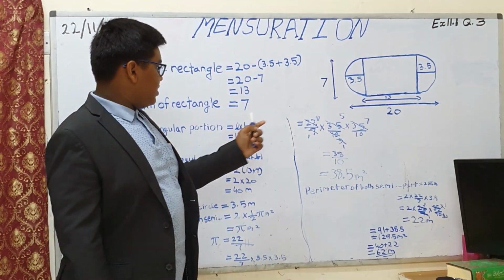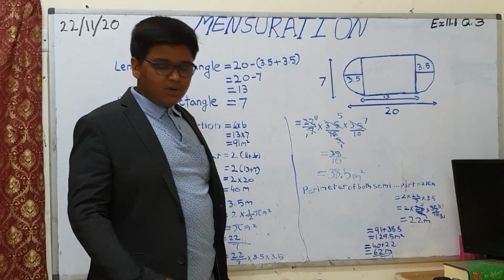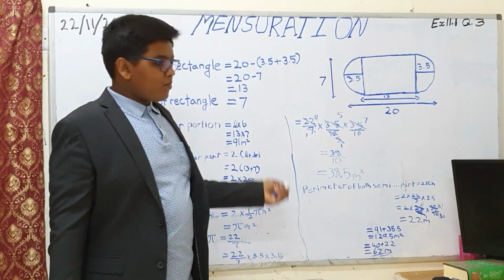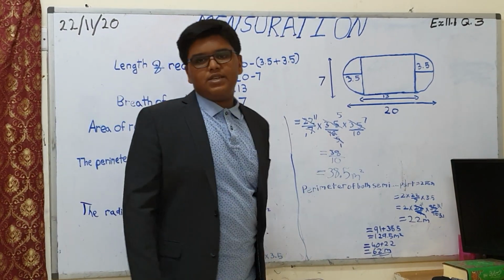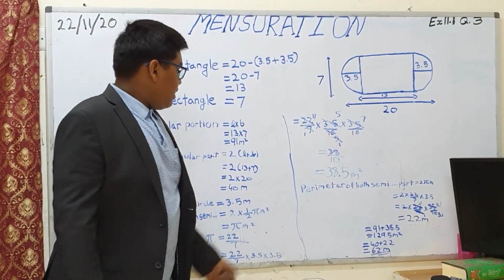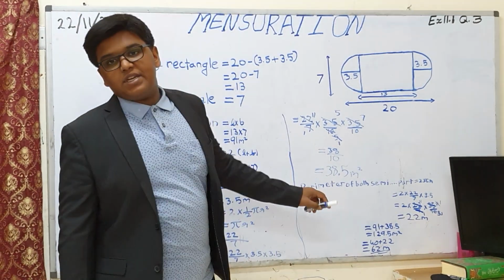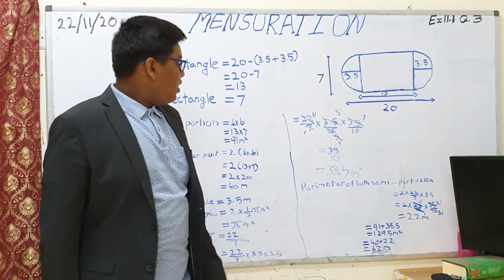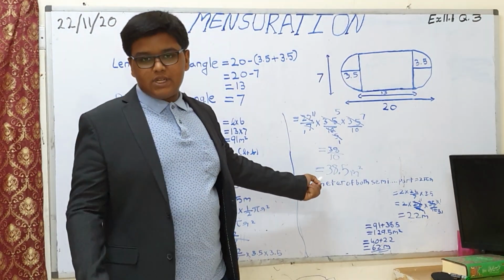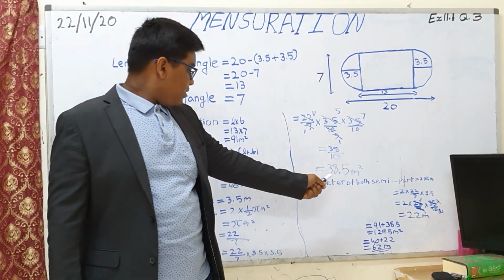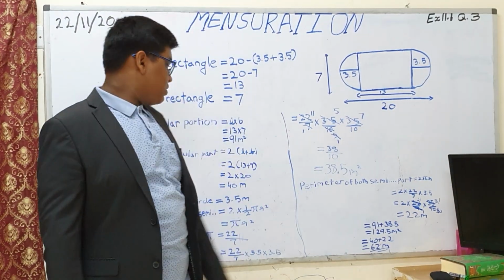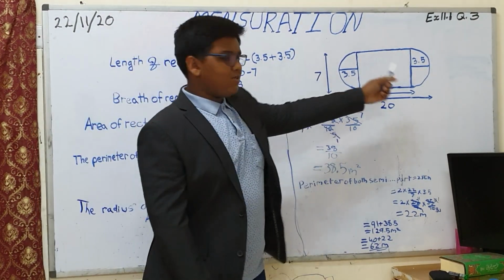And now when we multiply the whole result, we will get 385 by 10. And we have to convert this 385 by 10 into decimals. Now what we have got is 38.5 meters square.